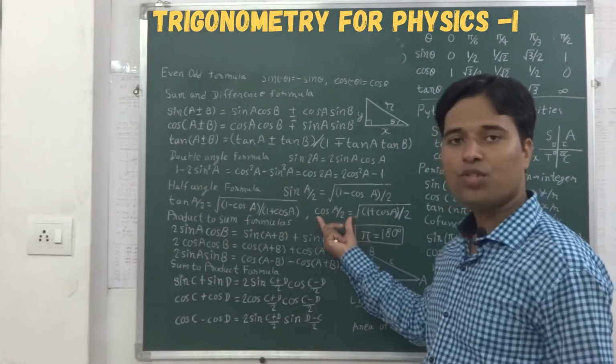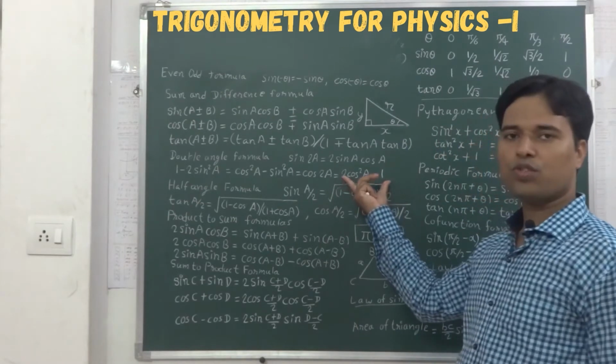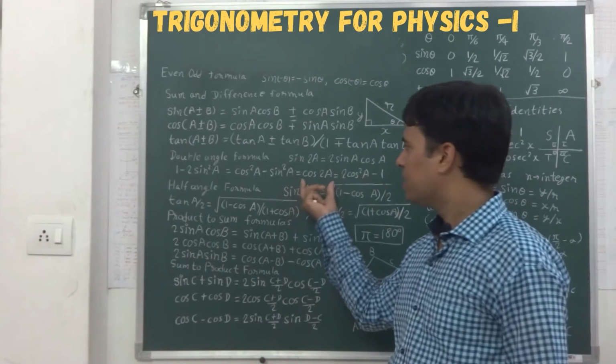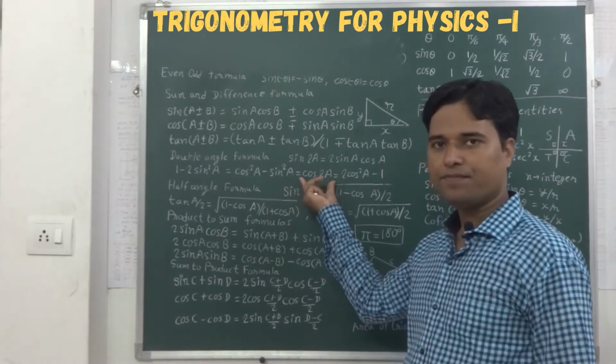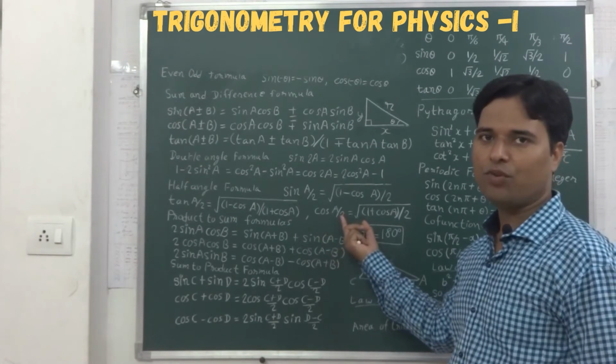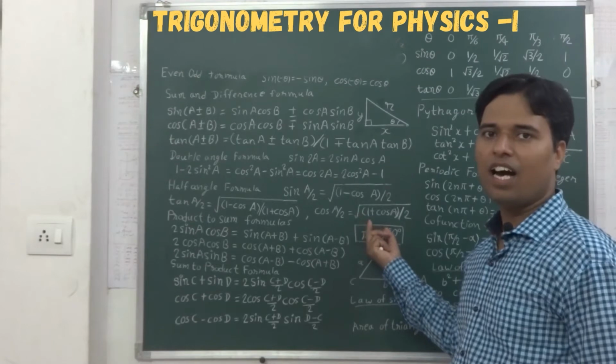For the cos of a by 2, use these two parts, 2 cos square a minus 1 and this one cos 2a. You will find this formula, cos of a by 2 is equal to square root of 1 plus cos a upon 2.